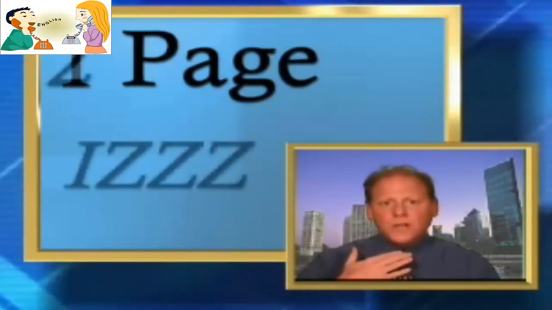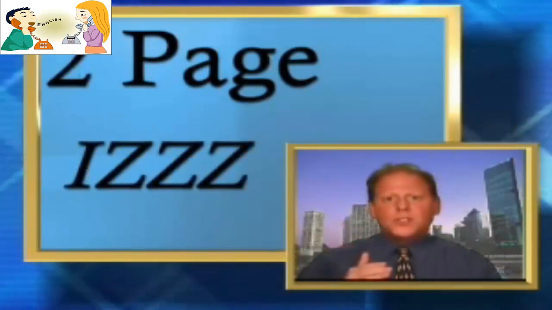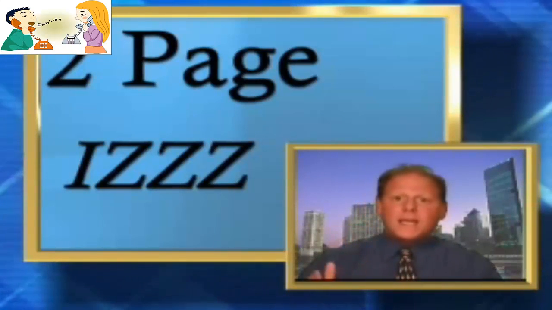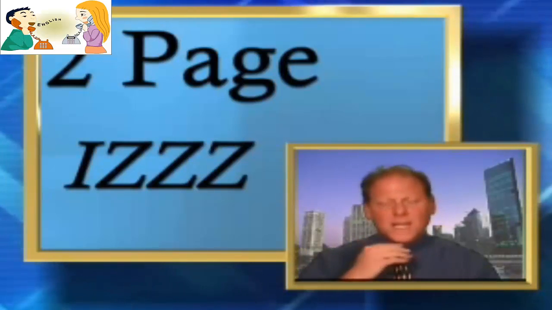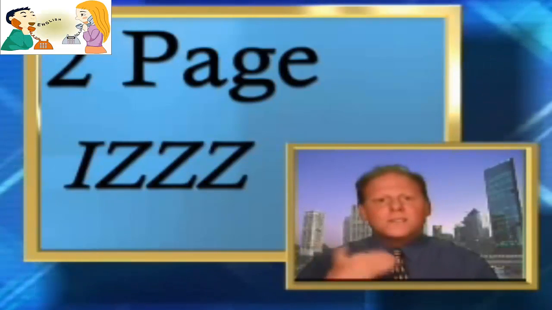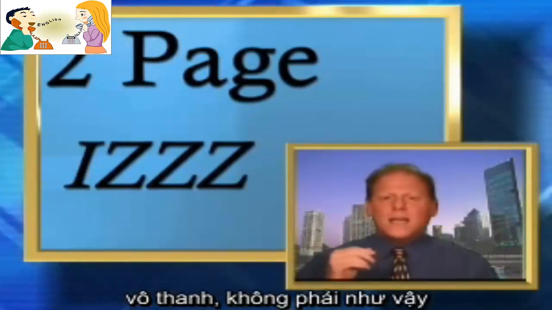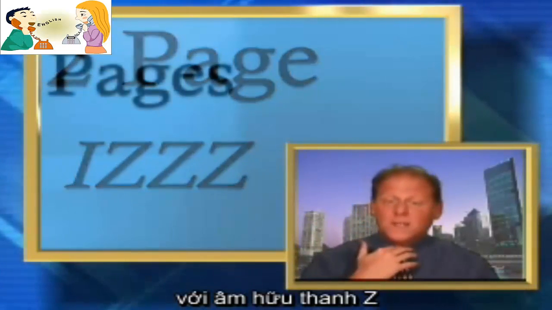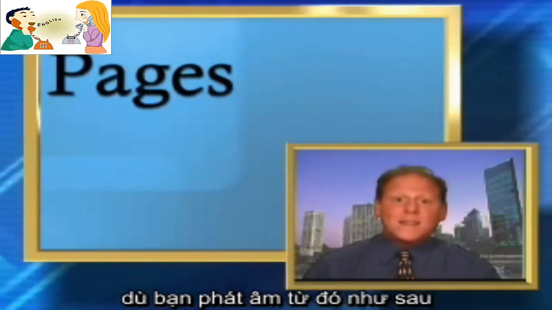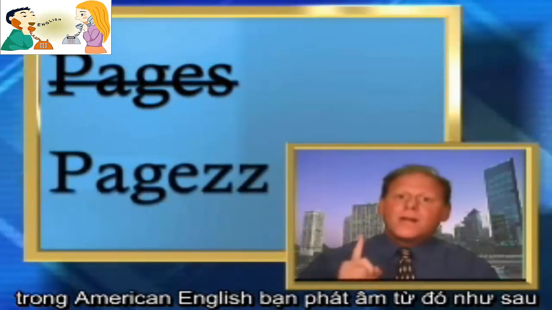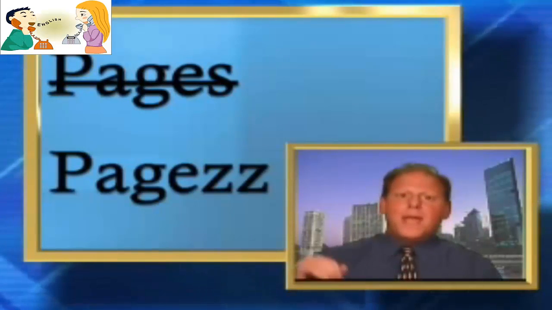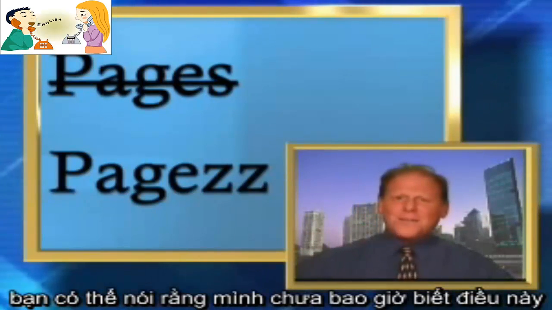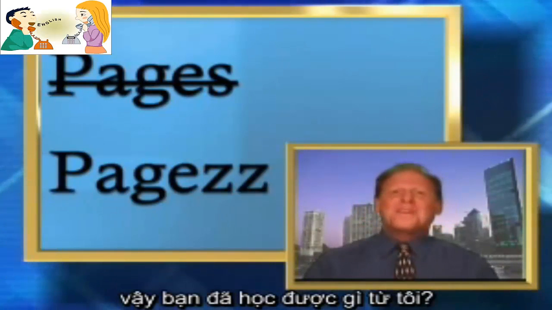One page becomes 2 pages with that voiced Z. It's not 2 pages, unvoiced, no. It's 2 pages with a voiced Z. Even though you spell the word like this, in American English you pronounce the word like this. Pages. You're probably saying, I never knew that. See what you're learning from me?